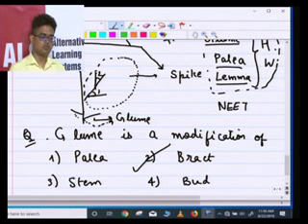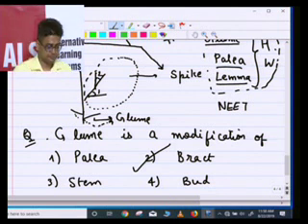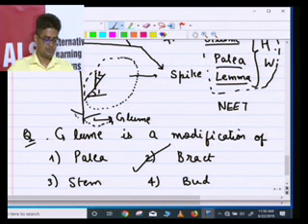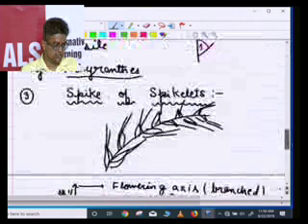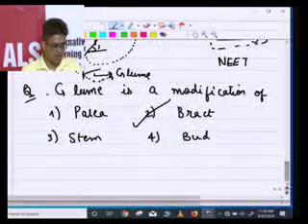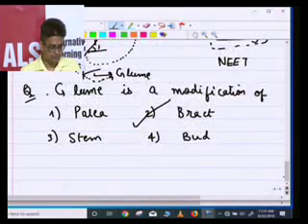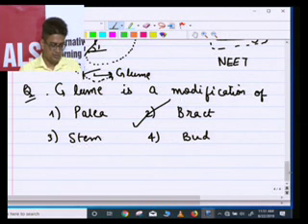Rest of all, you find out what is palea, what is lemma. And lodicule, maybe it can be asked, maybe it cannot. I am not so definite about it because it's very difficult to see a question asked on various bract and bracteole modifications.